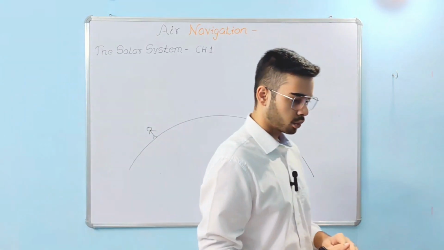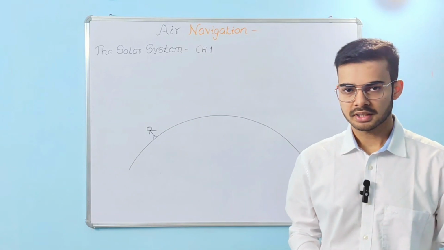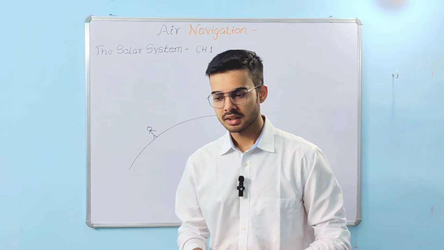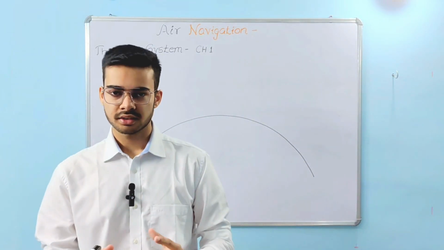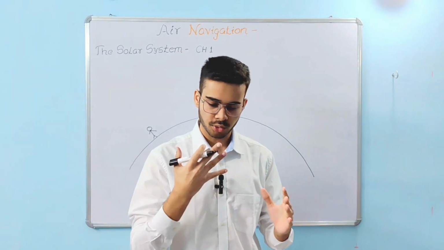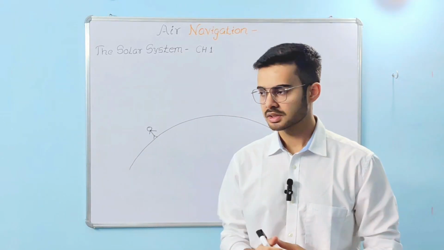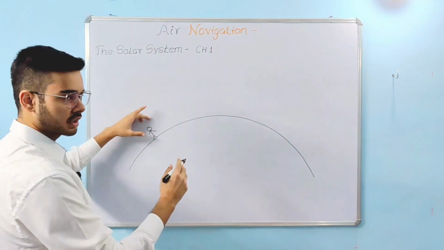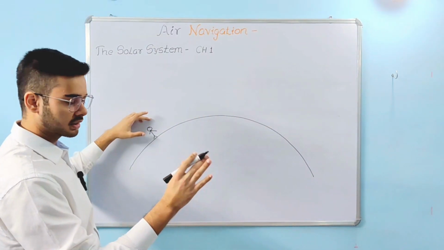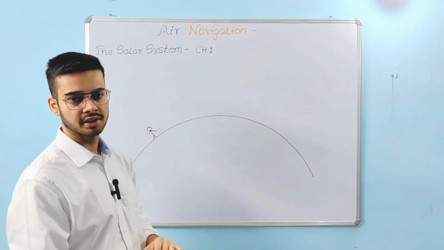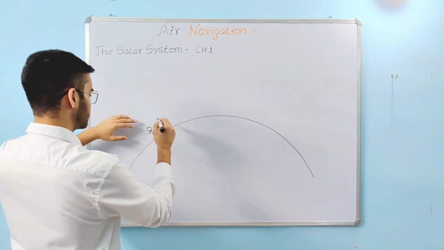So what does the concept of visible and sensible horizon say? Sensible horizon is the horizon that does not cater for atmospheric refraction. That means if we are standing here and we draw a straight line, that will become our sensible horizon. So let's draw one.